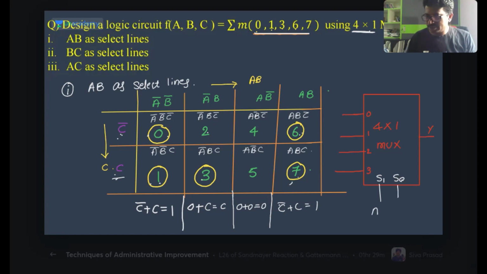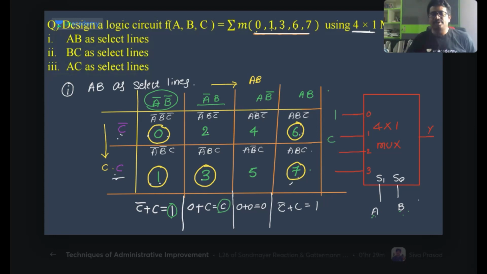So the select lines are A, B. Now you can tell me, when you take A bar, B bar, what is connected? In case of A bar, B bar, the value is 1, so I have to connect 1 here. When it is A bar, B, what do we connect?